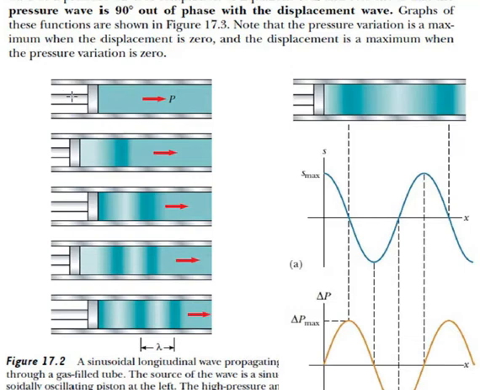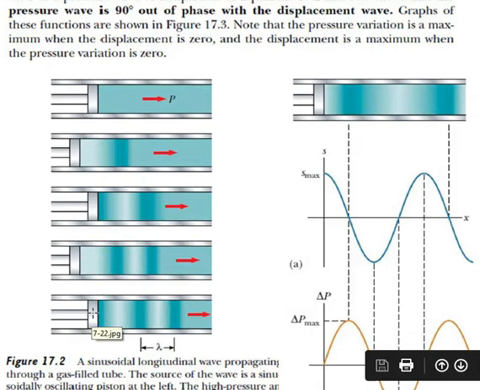When it moves forward, to the right, it produces a compression. When it moves backward to the left, it produces a rarefaction. Again, to the right, it produces a compression, and when it is moved to the left, it produces a rarefaction, again a compression. So these compressions and rarefactions move along the tube to the right.